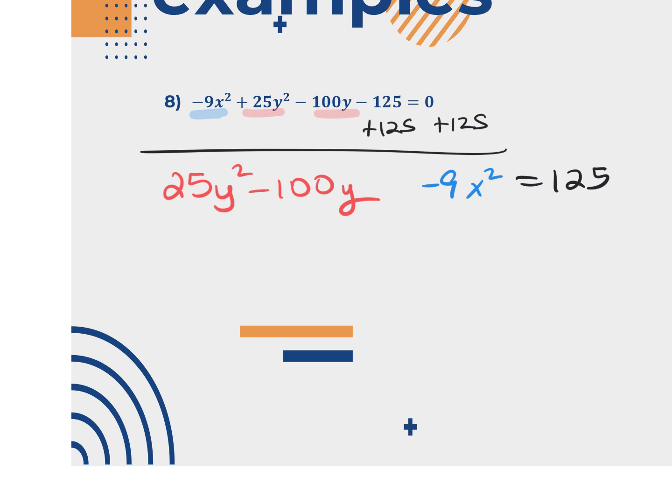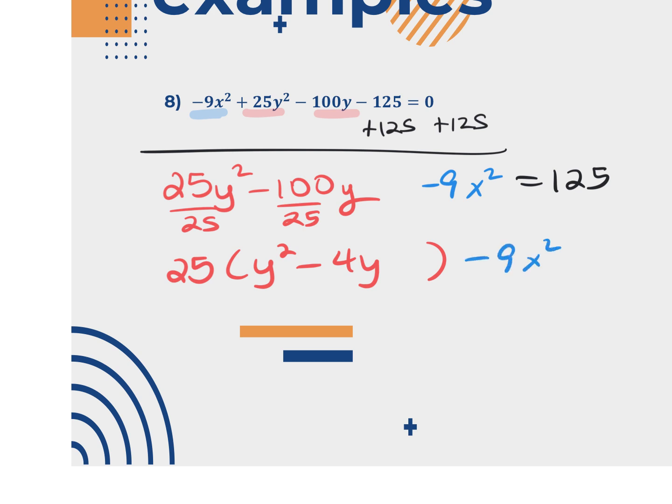Remember, when you complete the square, I can't have a number in front of my squared term. So I need to divide both of these by 25 first. So then now I'm working with y squared minus 4y, leave a blank space, minus 9x squared equals the 125.